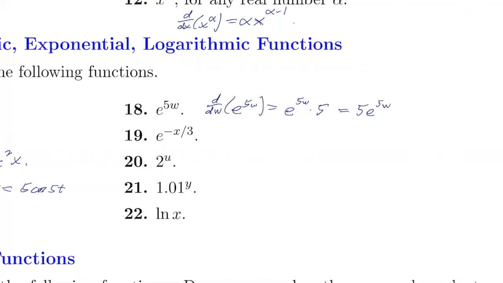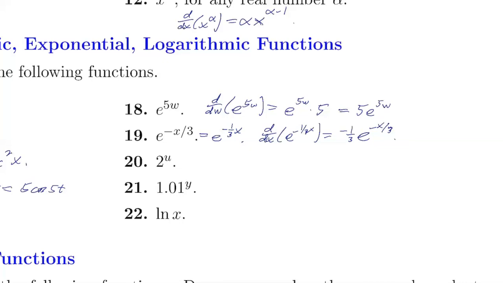In the earlier case the sine changed to cosine because the derivative of sine is cosine. Here the e didn't change because the derivative of e to the x is e to the x. This is e to the minus 1/3 x, so it's the same thing as the previous one. It pops out a minus 1/3 in front, but it still has the minus x over 3 in the exponent.